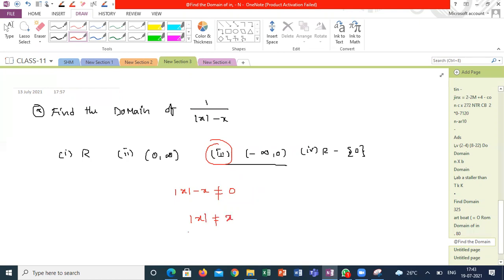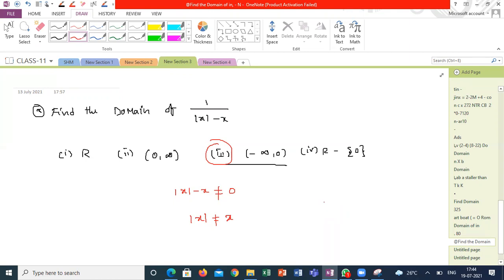What is the meaning of this? Mod x not equal to x means what? Sir, x should be negative, sir. Correct. Mod x should not equal x means, what is mod x? Plus or minus x actually. So you are saying mod x can't be positive, but x can be negative. So what is your answer?